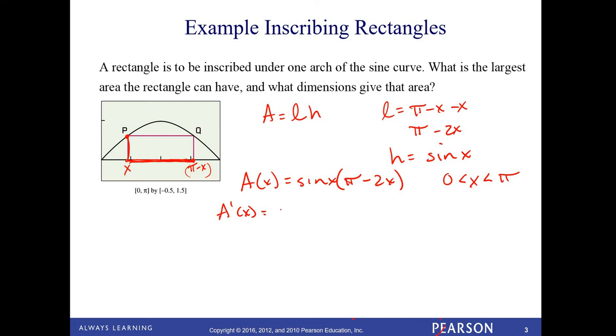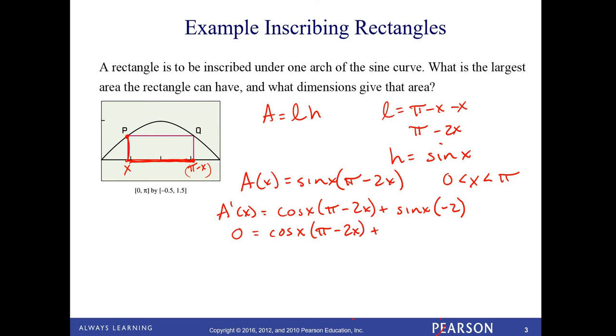The derivative of the first times the second plus the first times the derivative of the second. So that's my A prime. I want to set that equal to 0. This is one that we'd be using a calculator for. So we're going to set this equal to 0.